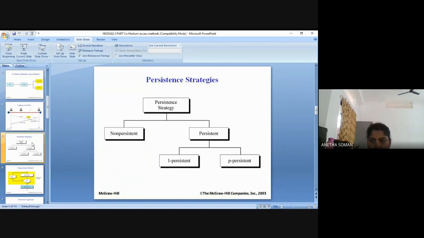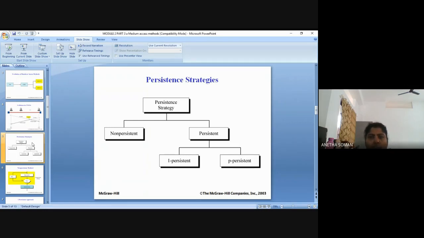Whenever a station finds the medium is busy, what strategies do they have to follow? That is what you call the persistence strategies.